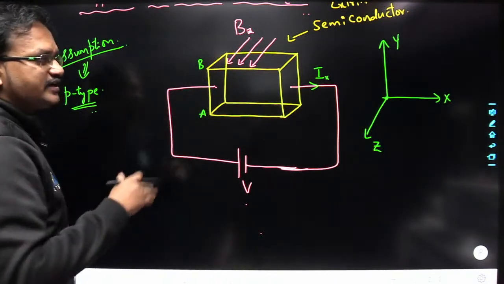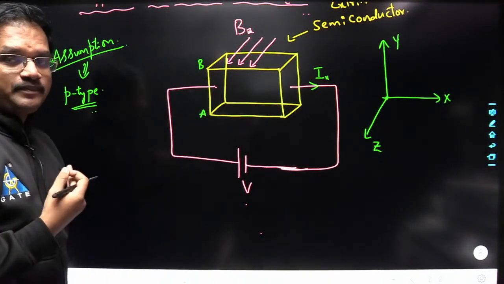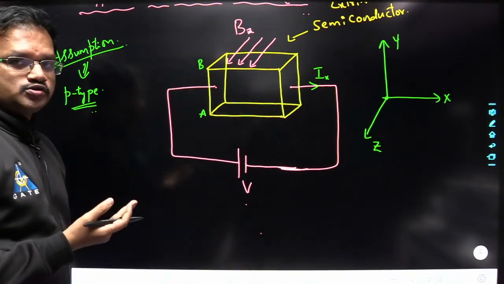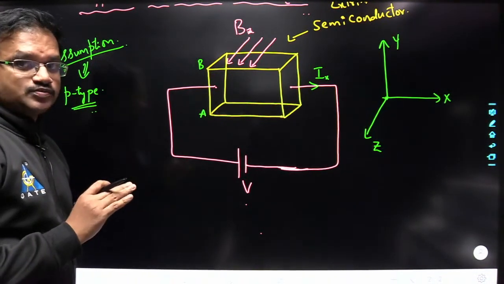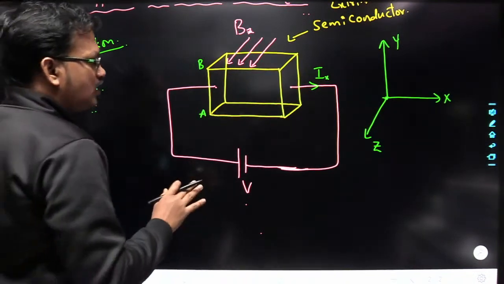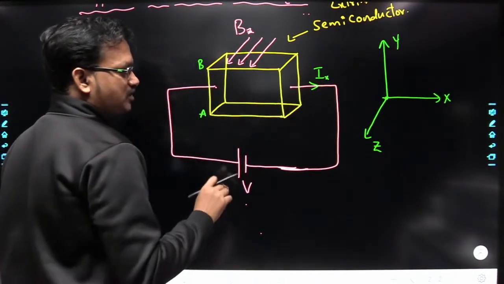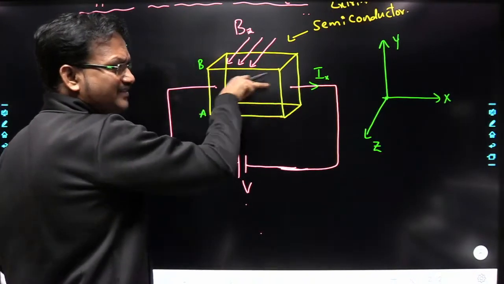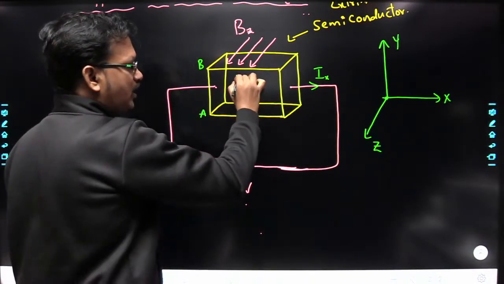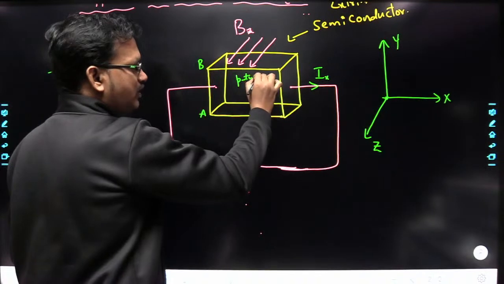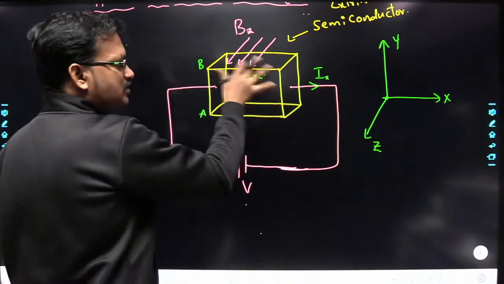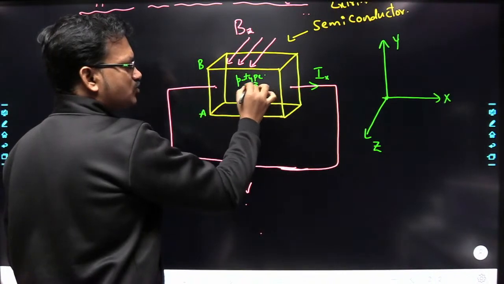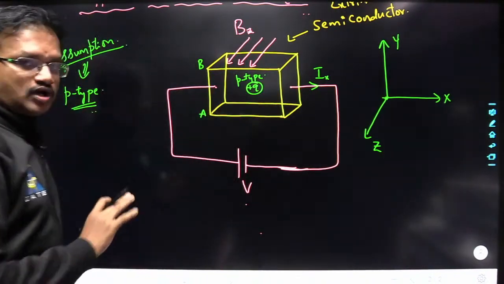If I consider it as P type, the majority charge carriers are nothing but holes, that means positive charge carriers. The current is flowing in this direction, so the positive charge carriers flow in this direction. I represent the majority charge carriers with plus q.